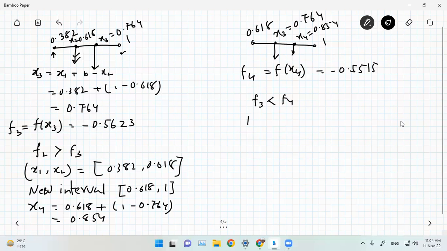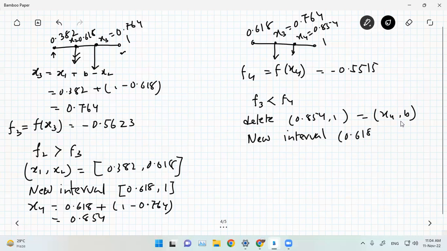So we have to delete 0.854 to 1, that is equivalent to basically x4 to b. So the new interval will be 0.618 to 0.854.